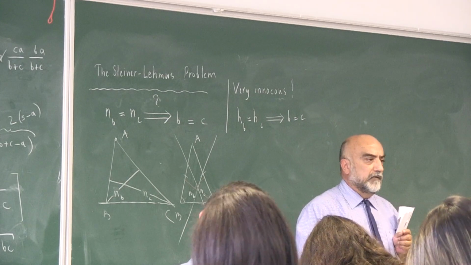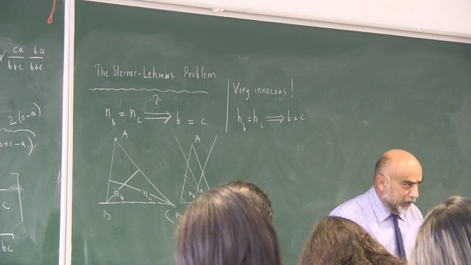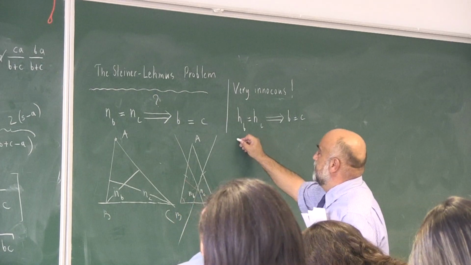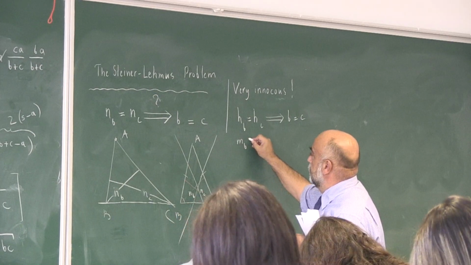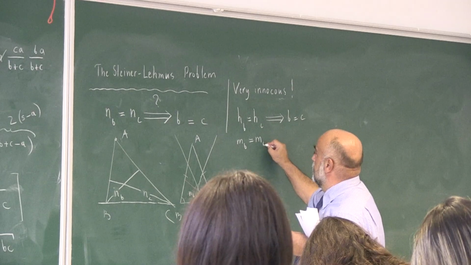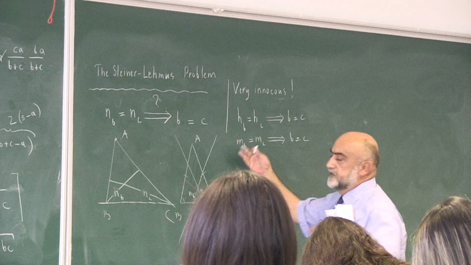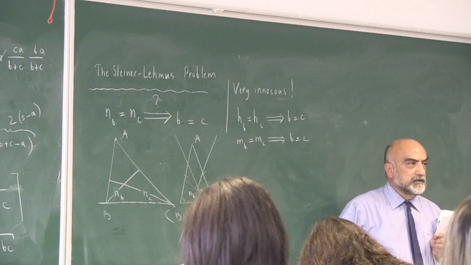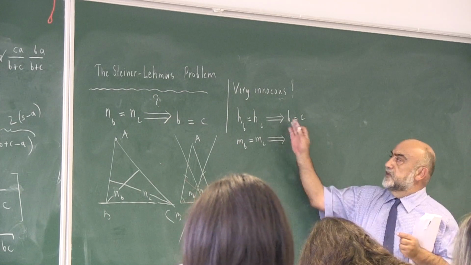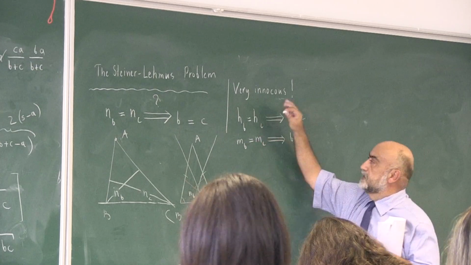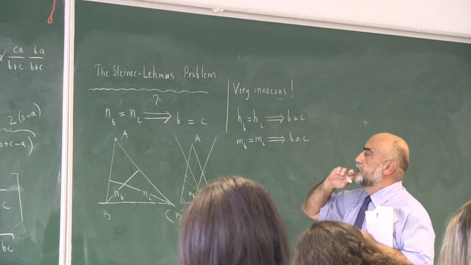You'll just look at the area formula. On the other hand, if MB is equal to MC, we know that B is equal to C. I did this too. So in fact, these implications are both-sided, and this implication in this direction is trivial.